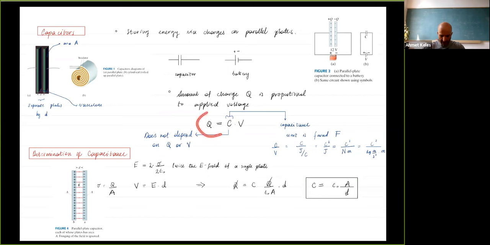So there was a relation like this: Q was equal to some proportionality constant, which we call capacitance, times voltage. This C was a purely geometrical quantity, at least mostly. And for a simple geometry, we obtained C equal to epsilon naught times the area of the plates divided by the distance between the plates.